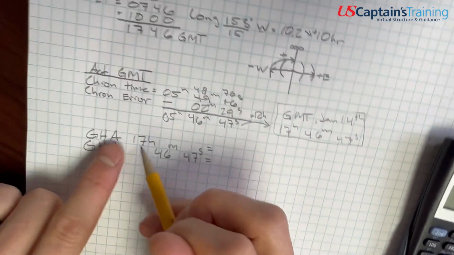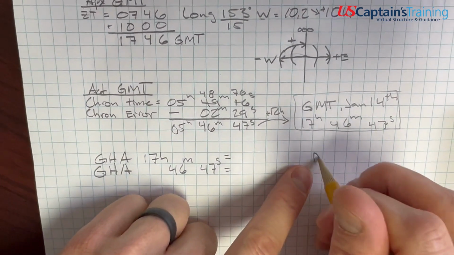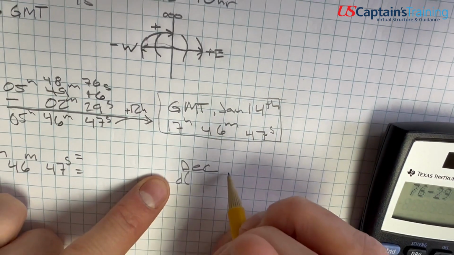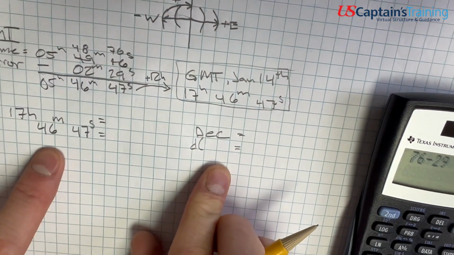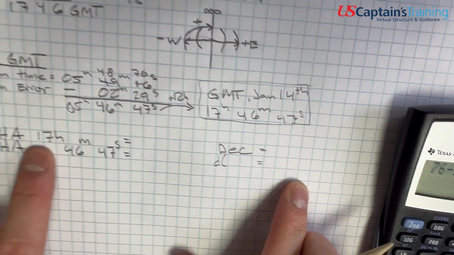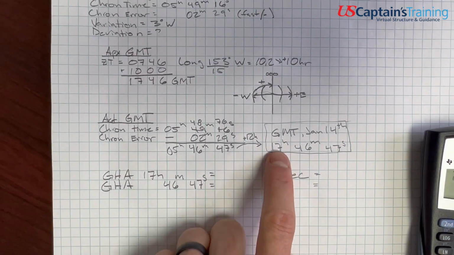And when we get this GHA of 17, our declination is going to be right there too. So we're going to get our declination numbers and our D correction. So now we're set up here, and let's get GHA for 17 hours. All right, we're in the Nautical Almanac.